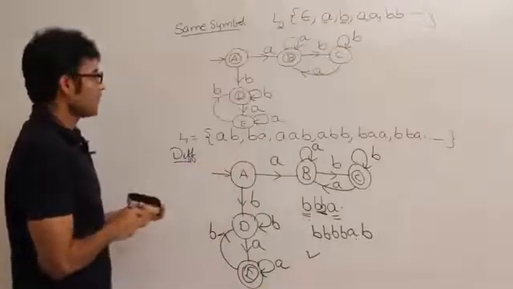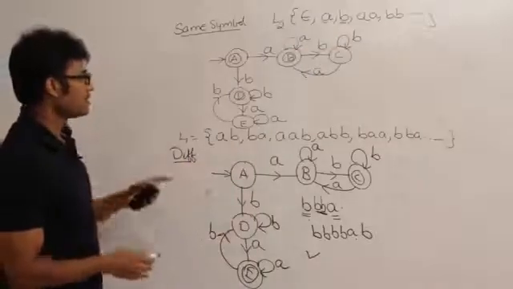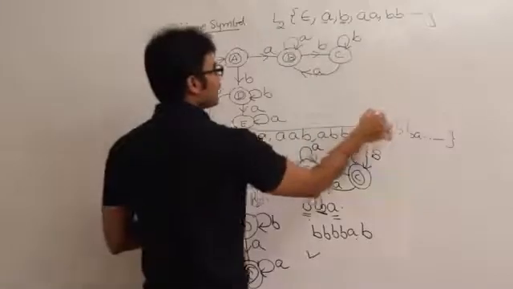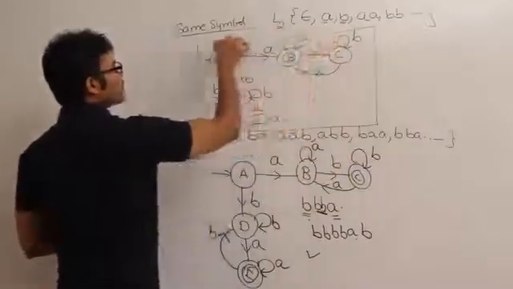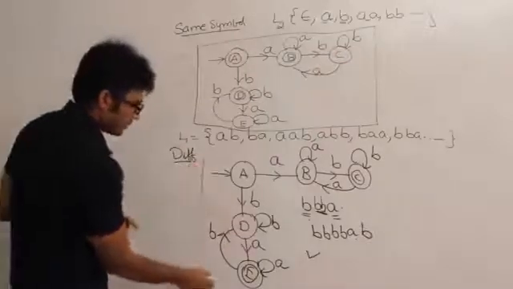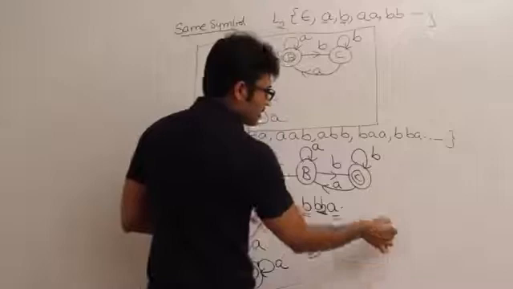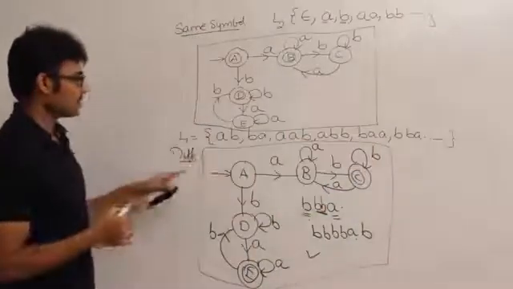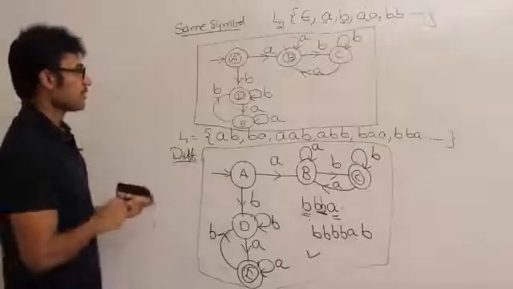Now you just compare this finite automata with this one. The DFA which accepts the set of all strings over A comma B, where each string is starting with the same symbol, with the DFA which accepts the set of all strings over A comma B, where each string is going to start and end with different symbols.